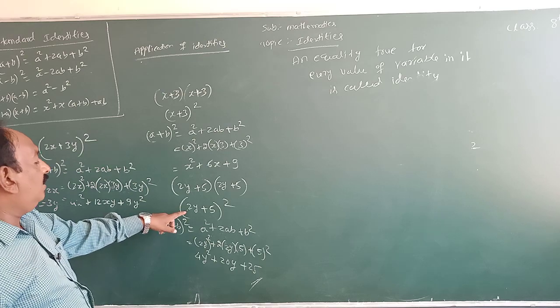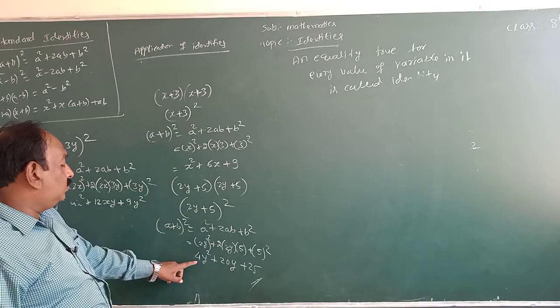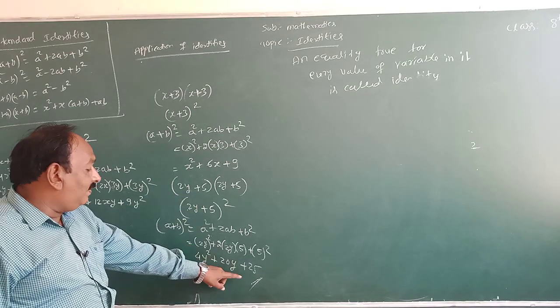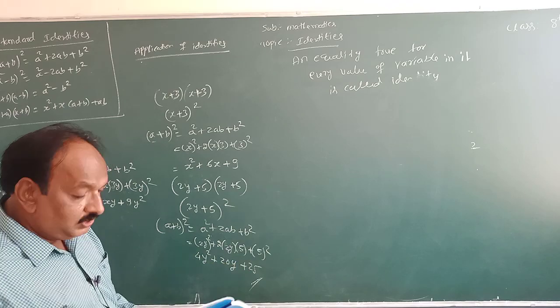So the expansion of (2y + 5) whole square is equal to 4y square plus 20y plus 25.